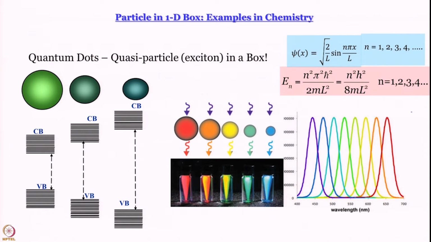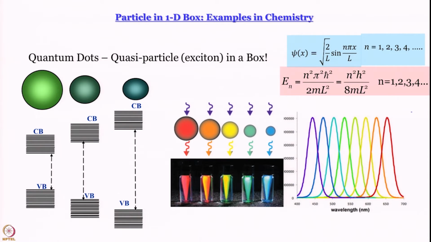So a particle in a box model with a little bit of modification holds quite nicely, and this is a diagram that everybody has seen by this stage. It is there in the NCERT class 11, 12 level textbooks as well. As the size of the particle increases, the color of the same substance, remember, same substance, cadmium selenide or cadmium telluride, keeping the substance same, if you just increase the size of the nanoparticle, the color changes, one can actually go from even blue to red, the entire visible spectrum or beyond.